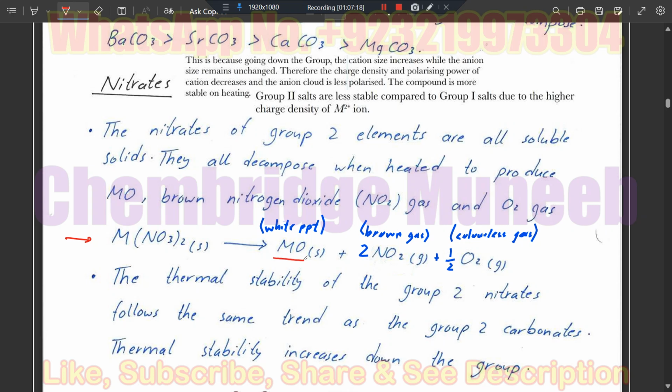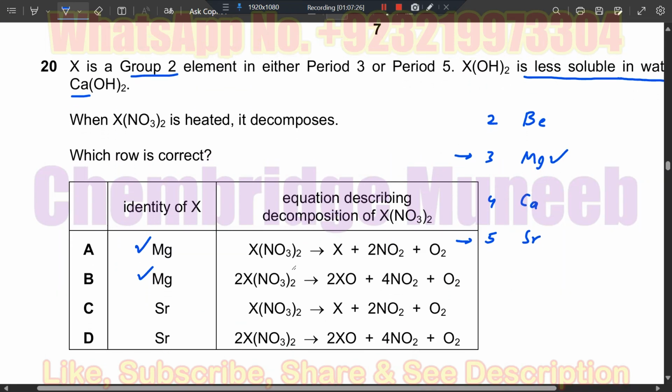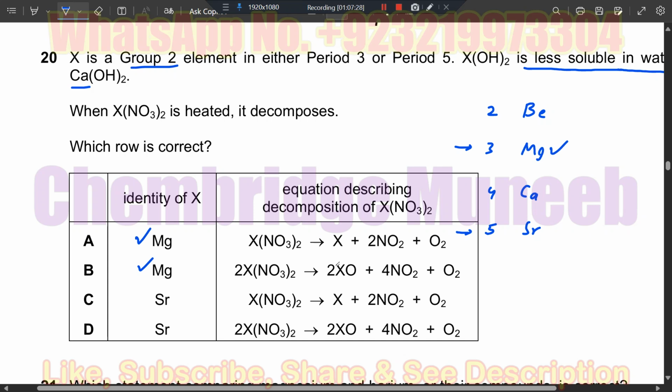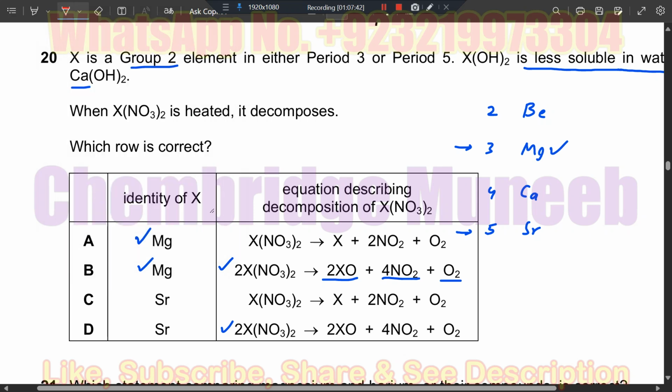It forms the oxide, nitrogen dioxide, and oxygen. So these three products are formed as a result of the decomposition. So the right option from this list is the one in which oxide, nitrogen dioxide and oxygen are formed. This option and this option are both correct in this regard, but the combination of two ticks is option B. So B is the right answer.